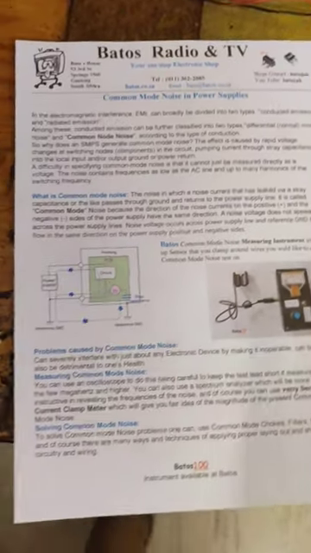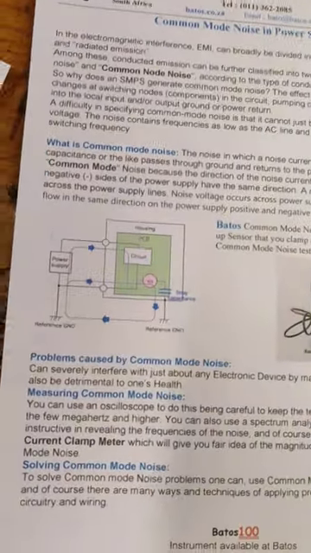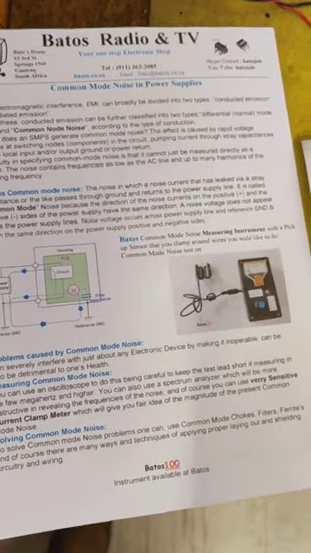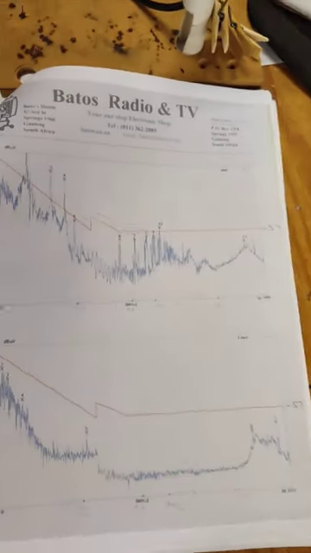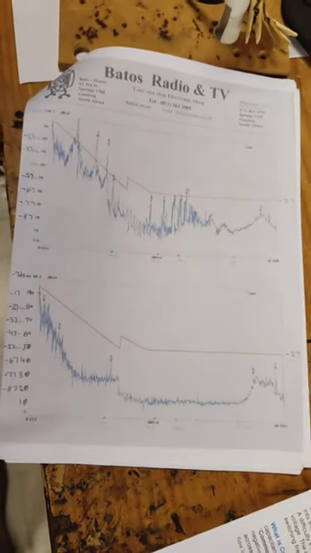Sometimes you cannot really reduce or kill common mode noise altogether. But the aim is to meet the established protocols and standards.